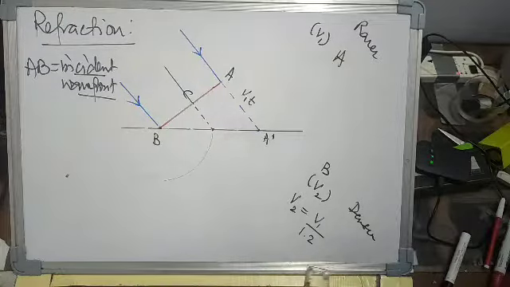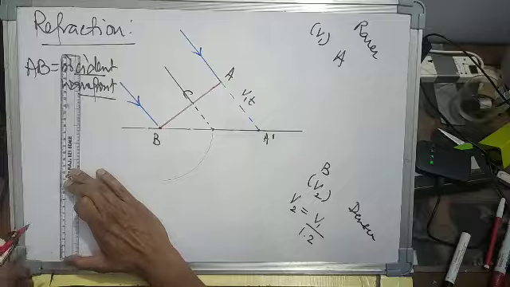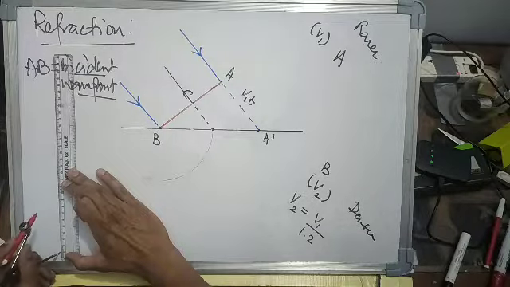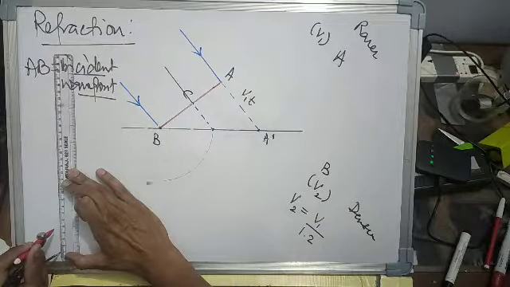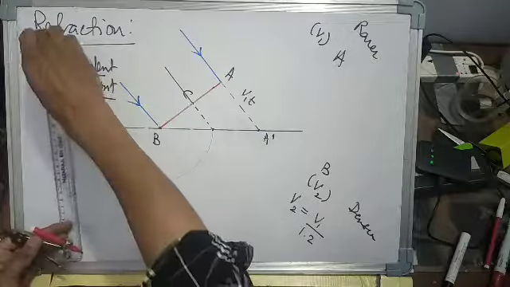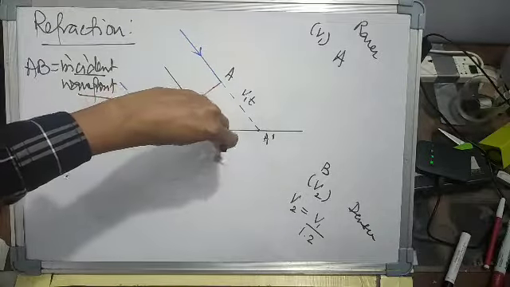So 4.5 by 1.2 comes out to be 3.75. So let's take the radius to be 3.75 and draw the circle from this point in medium B.